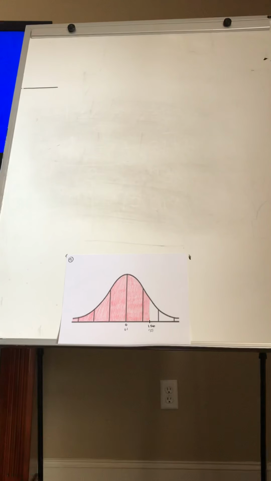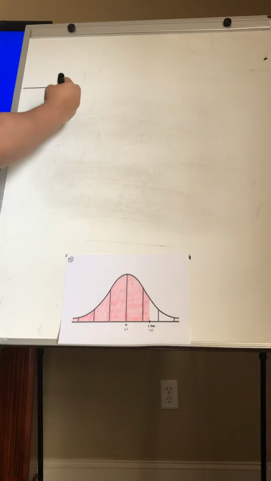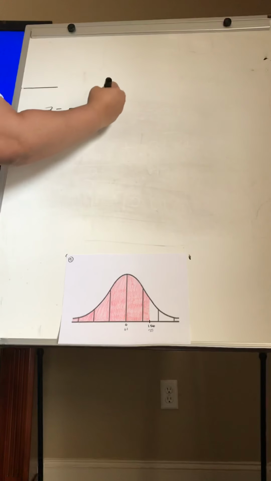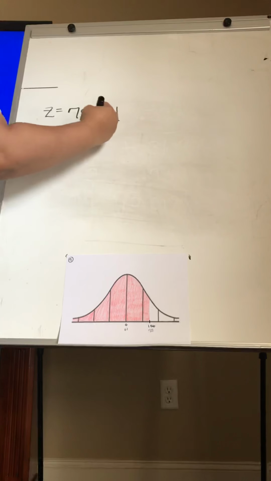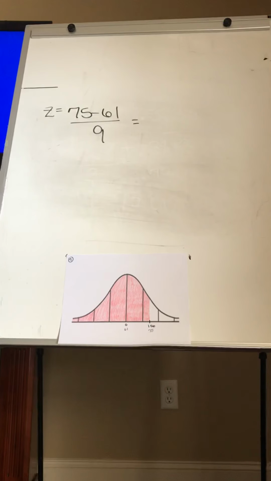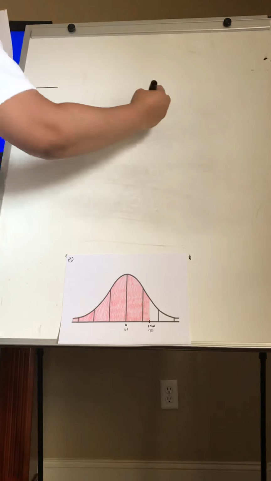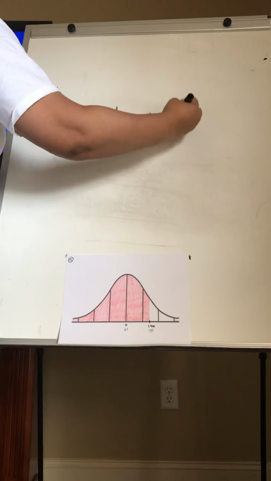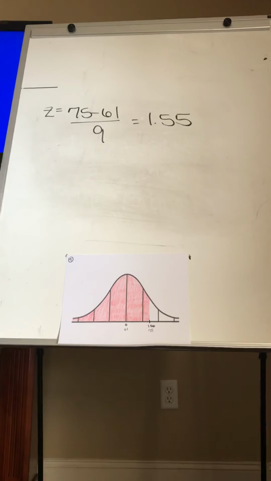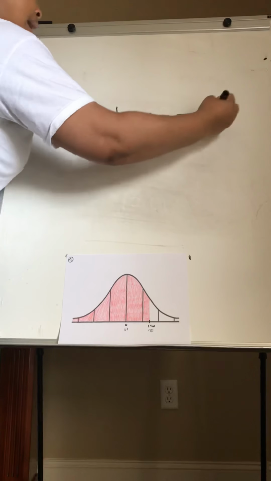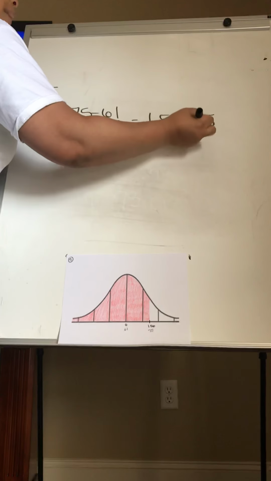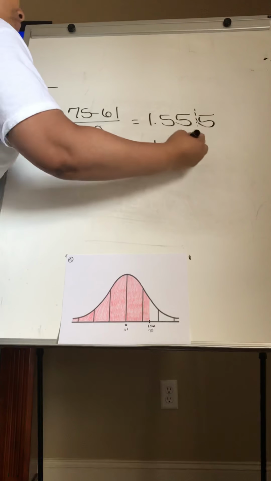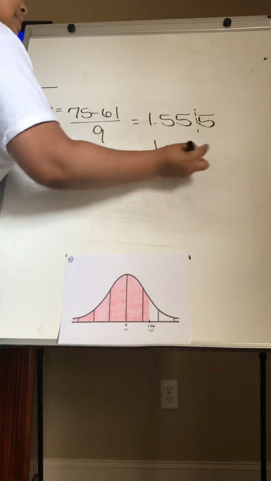So we got to convert 75 to a z-score. So we're going to take 75 minus 61 and divide it by 9. So that would give us 1.555, it's repeating, okay? You got a lot of 5s. So that means when you round, that rounds up to 1.56.